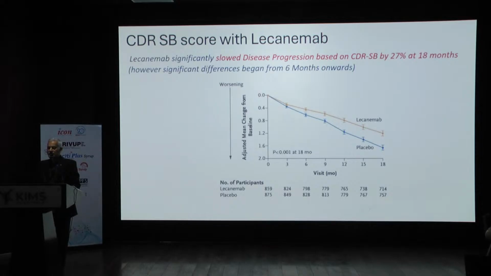So this was assessed through the use of CDR sum of boxes scores. In the lecanemab study, after 18 months of therapy, they showed a clear, statistically significant benefit in the lecanemab group.